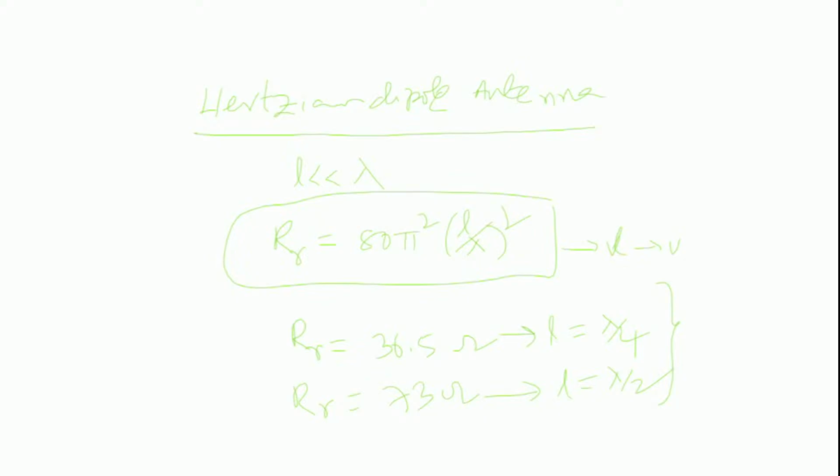Okay, and we need to discuss one important relationship between the Poynting vector and radiation intensity. Poynting vector is represented by P. Average means what?